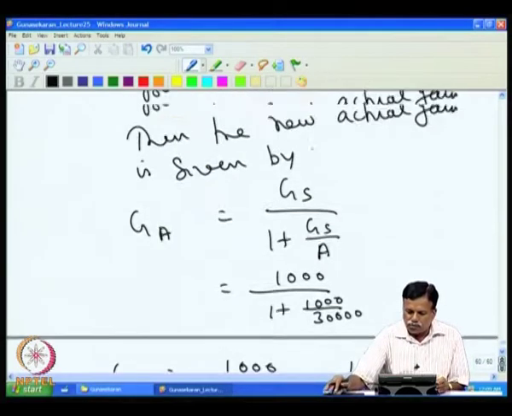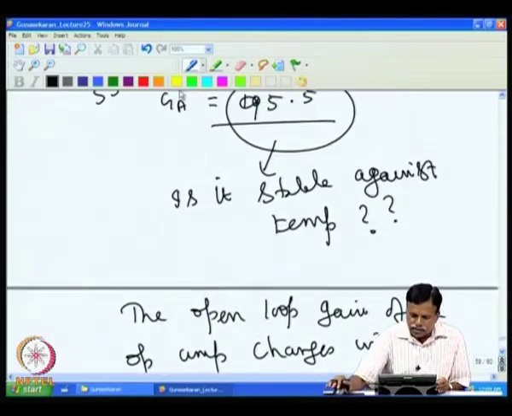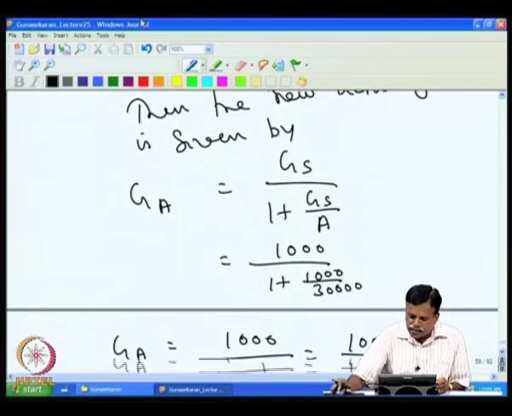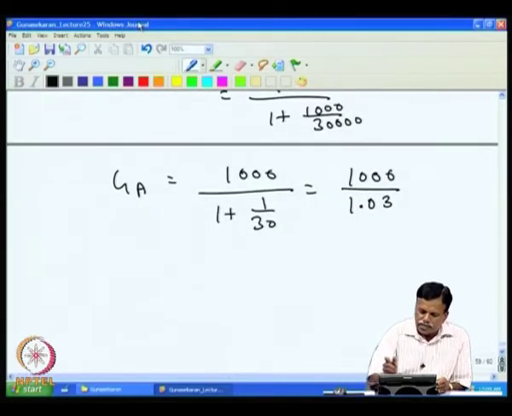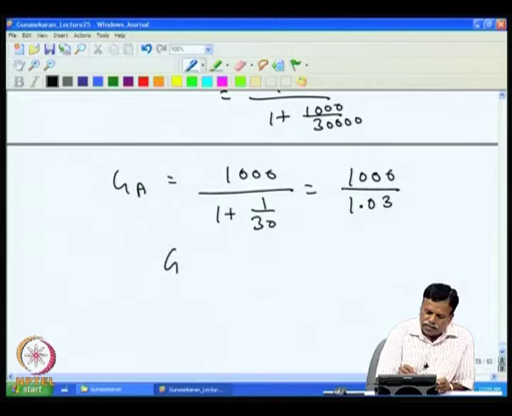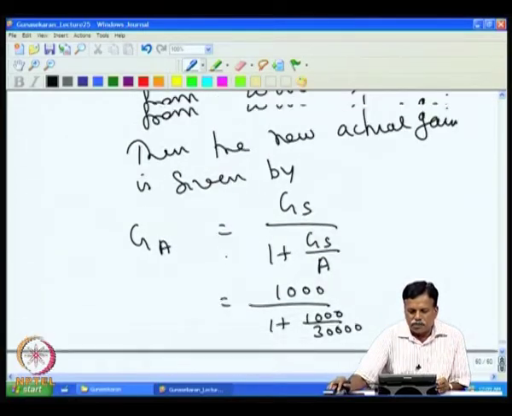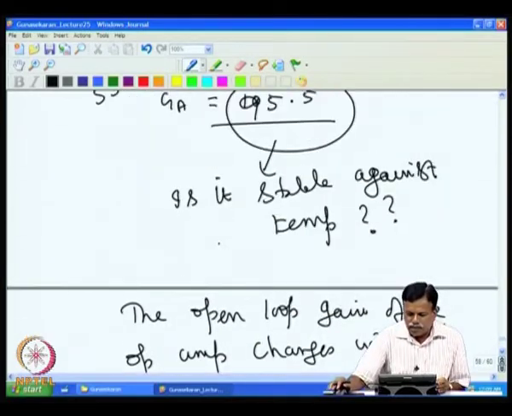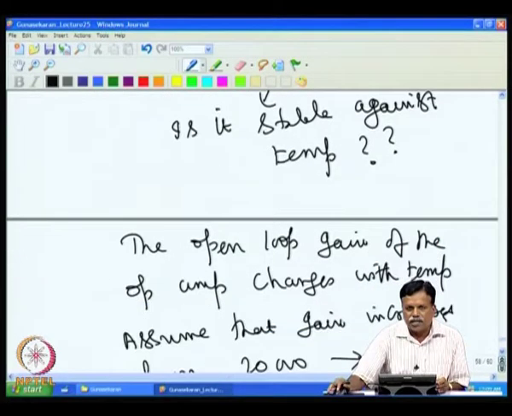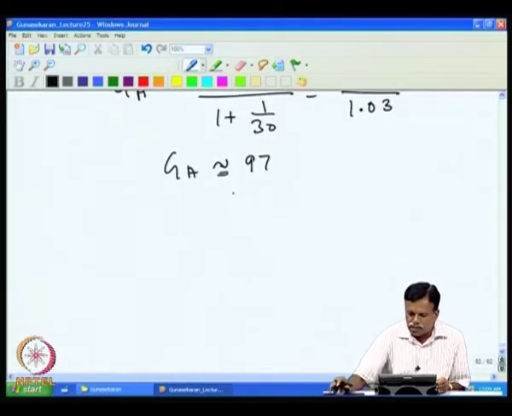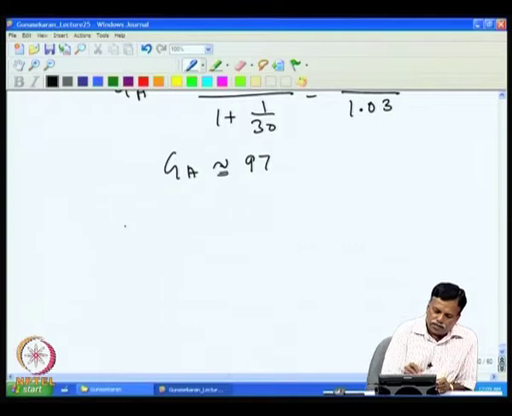We had 1.05 there, and it became 1.03. Now if you calculate this, there will be a 3% decrease, and the actual gain would be around 97. So earlier it was 95, now the gain has become 97. That means if the op-amp temperature or the room temperature changes, the gain shifts from 95 to 97.